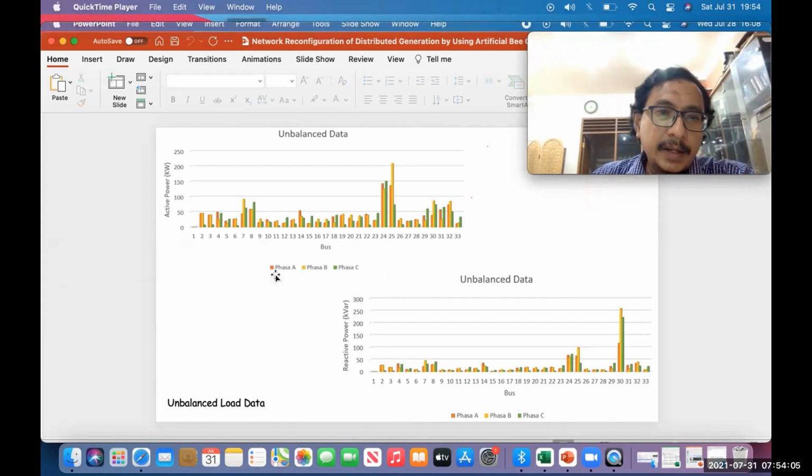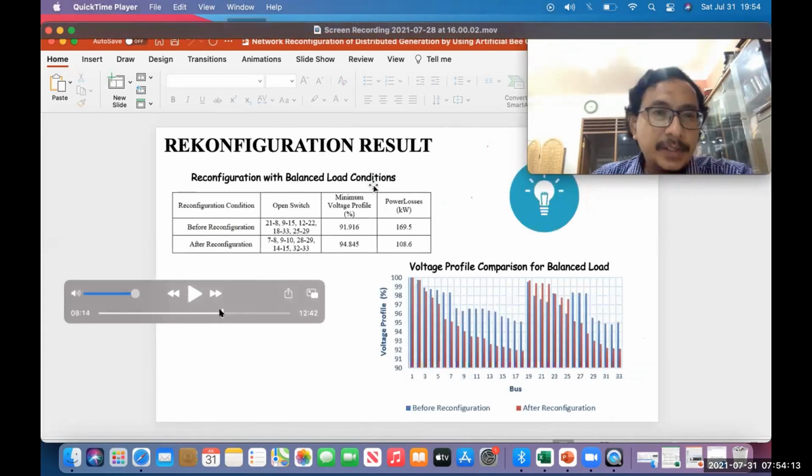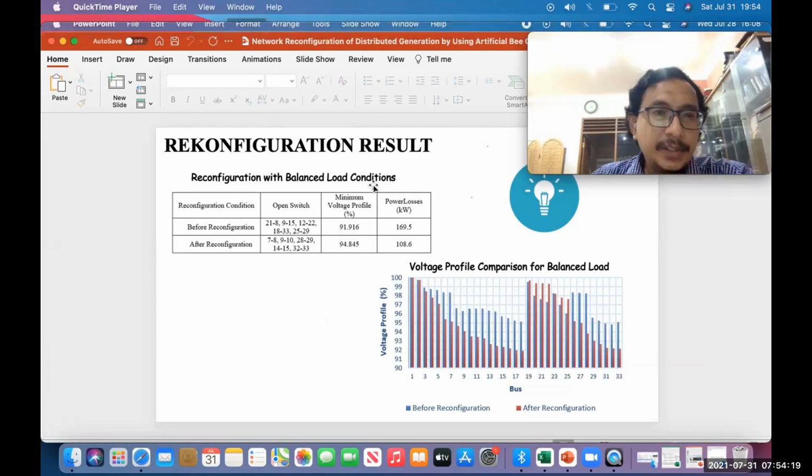For unbalanced load data, we have three phases, phase A, phase B, and phase C. For the data like this, we get only phase A. So this is an assumption for the unbalanced load data with only phase A, sir.